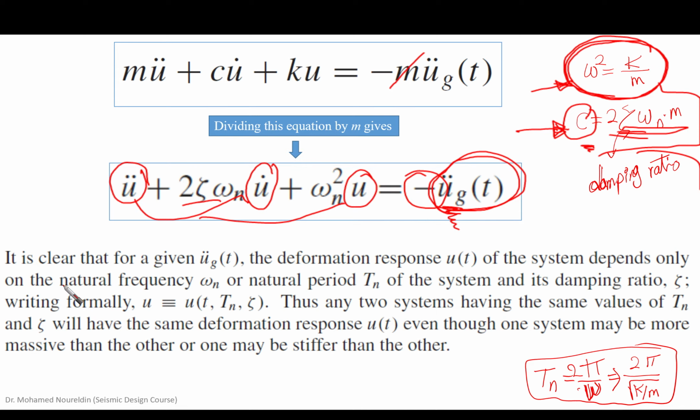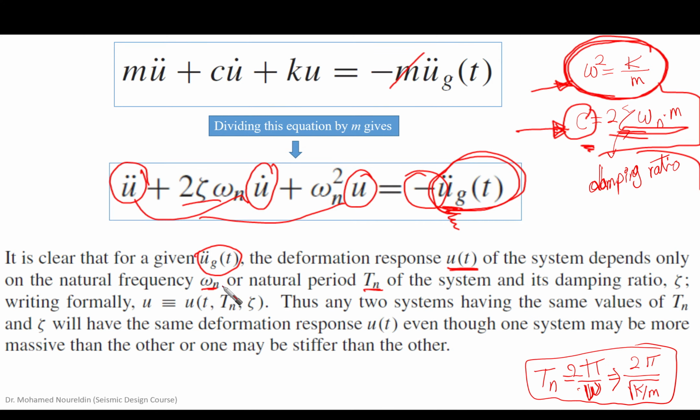So we can put this note. It is clear that for a given u double dot g of t, meaning for any ground excitation, the deformation response, which is u of t, of the system depends only on the natural frequency omega n, which is related to Tn, because as you know, Tn, the natural period of the structure or system, equals 2 pi over omega.